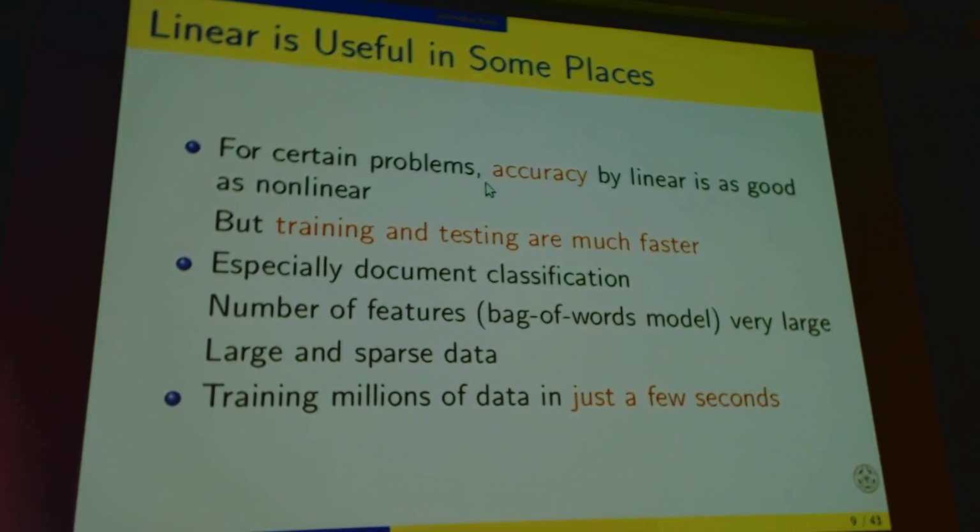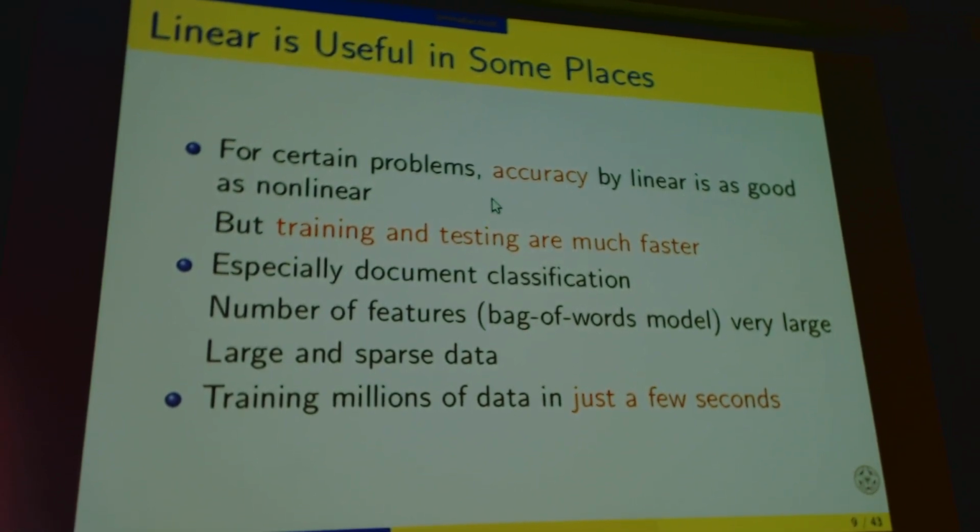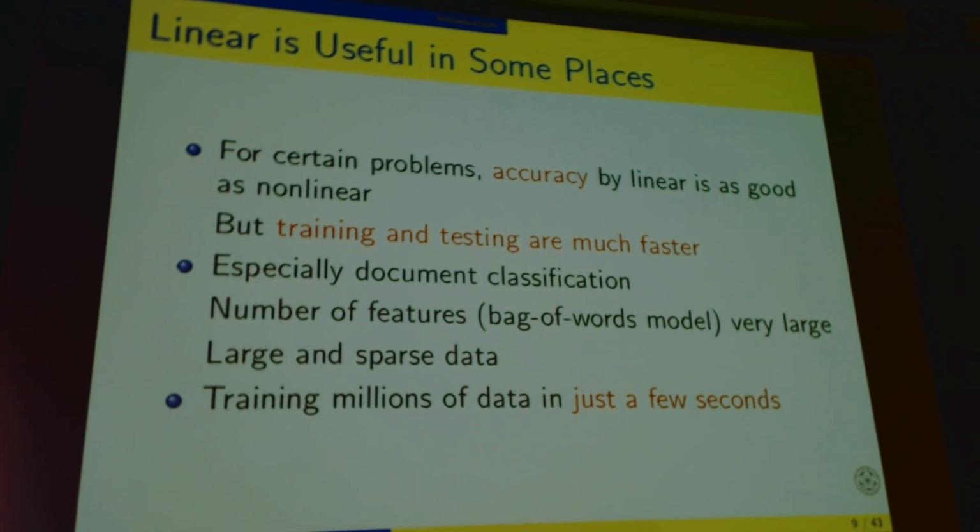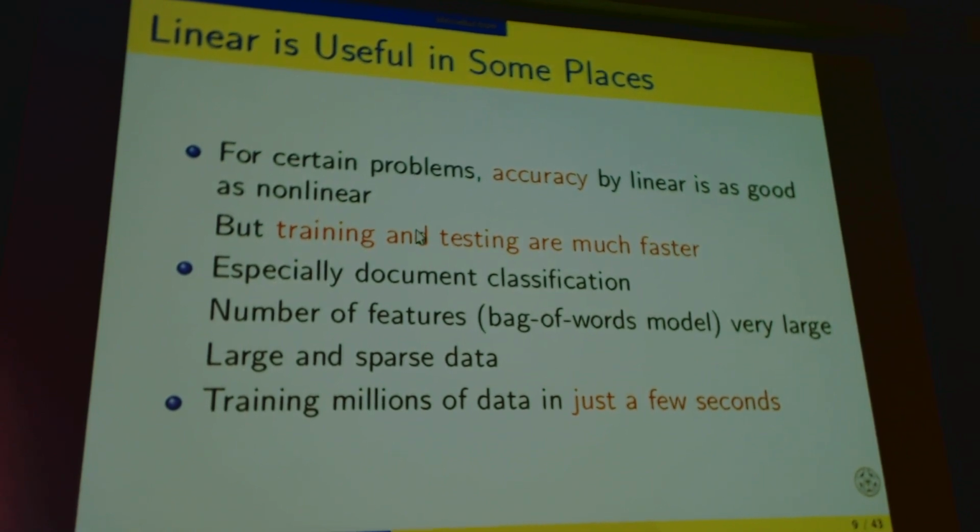People have realized that for certain problems, the test accuracy of a linear classifier is almost as good as using a kernel. But if you use linear, then your training and testing speed can be much faster. And this especially happens for document classification.